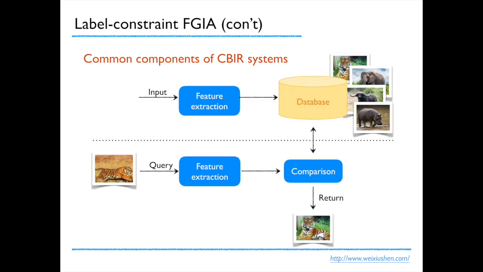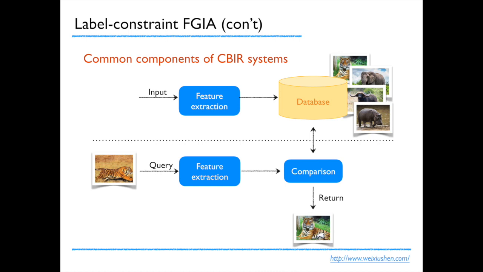As shown in this figure, it is a traditional content-based image retrieval pipeline. First, for the images in the database, we use some kind of feature extraction to extract the feature vectors to represent these images. In the query phase, we utilize the same feature extraction method to extract the query image's feature.